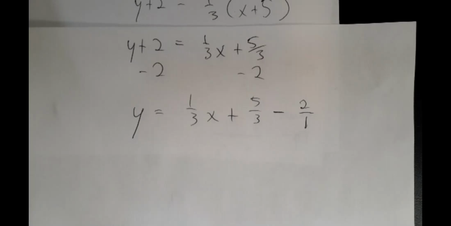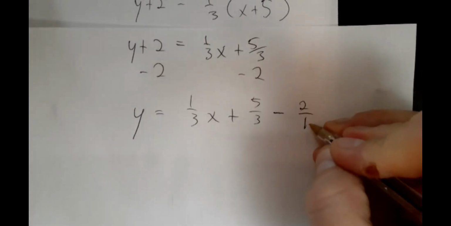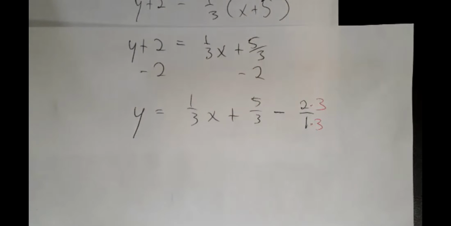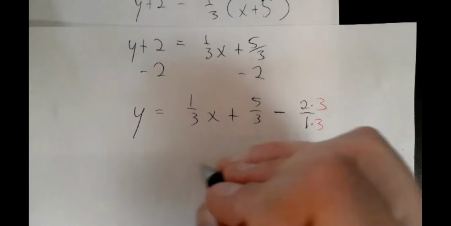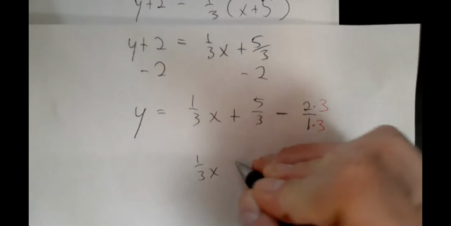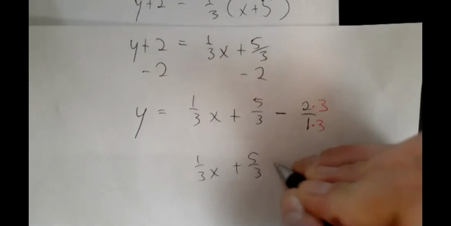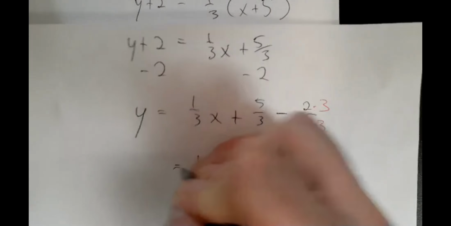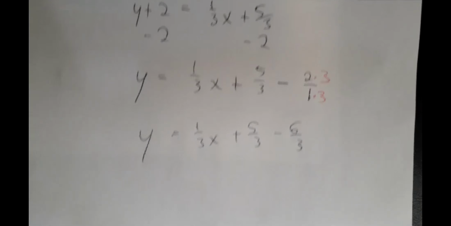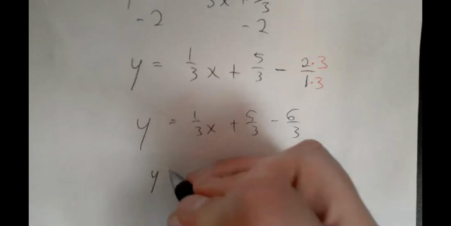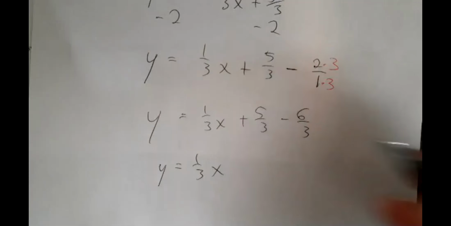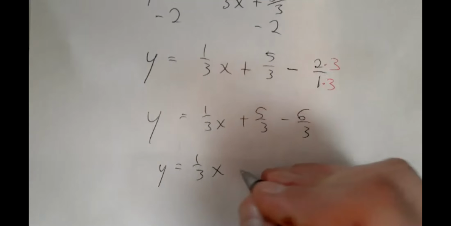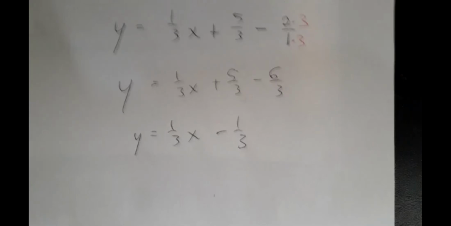Let me write the step in red so you can see it. Multiply by 3. And now I have 1/3 x plus 5/3 minus 6/3. This side is just y. All right, I'm almost there. y equals 1/3 x. This is 5/3 minus 6/3, which should be minus 1/3. 5 minus 6 should give me a negative.